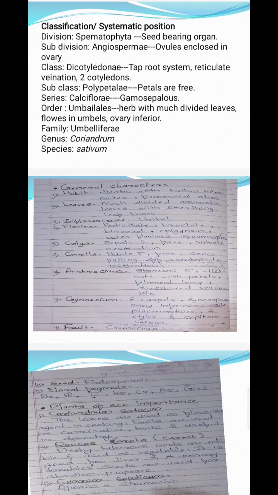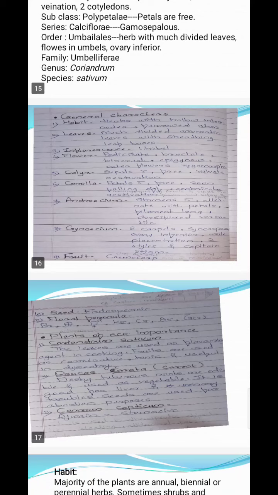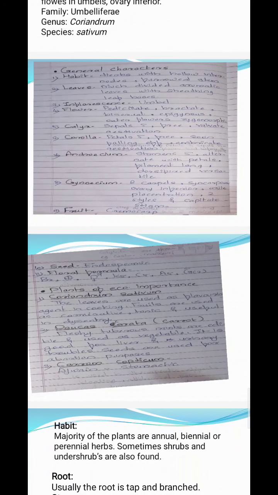Then fruit is cremocarp, seed is endospermic and floral formula is Br, bracteate, then hermaphrodite, then bisexual, these K5 that is Calyx 5, Corolla 5, Androecium 5 and G means Gynoecium, that is inferior ovary, that's why dash is given on this G.